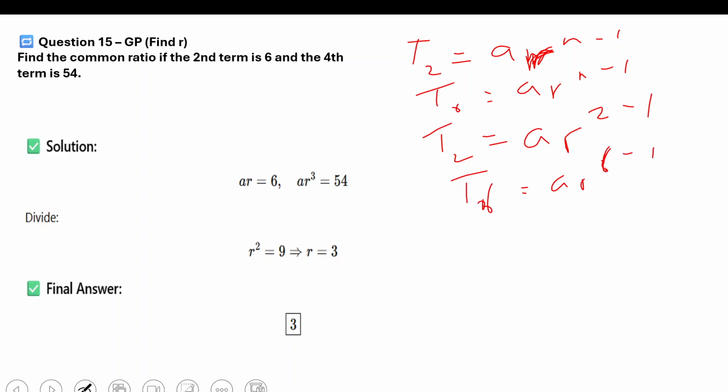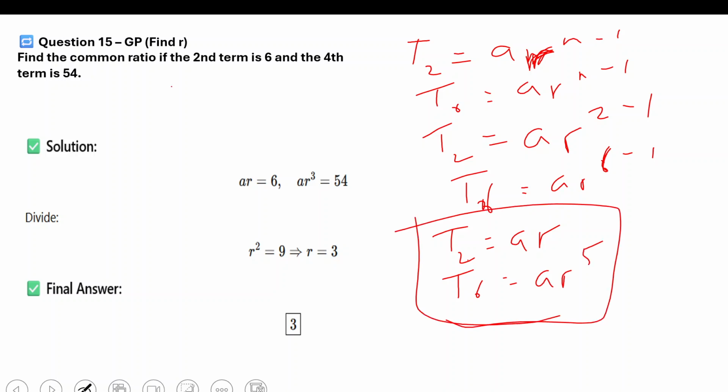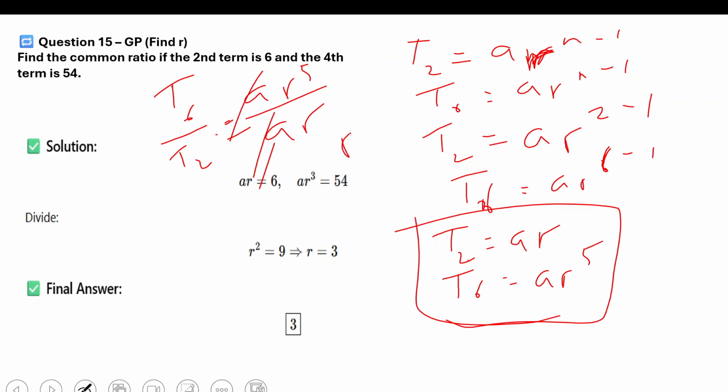So for these two instances, T2 is a r, because 2 minus 1 is 1, right? And T6 is a r raised to the power 5. So at this point, I can divide these two. T6 over T2 is a r to the power 5 all over a r. We are asked to find r. So a will go, then r is raised to the power 4.